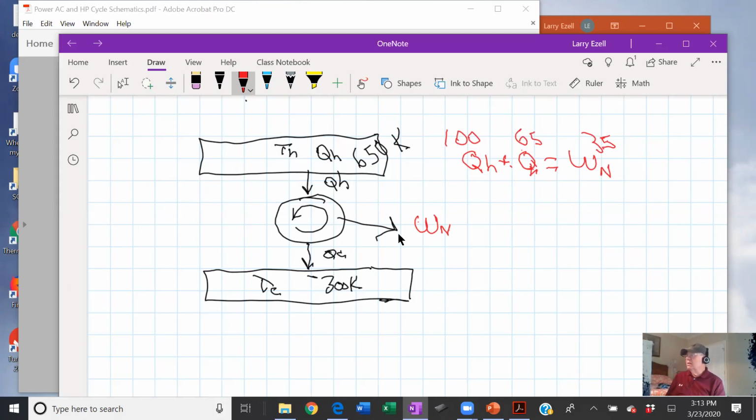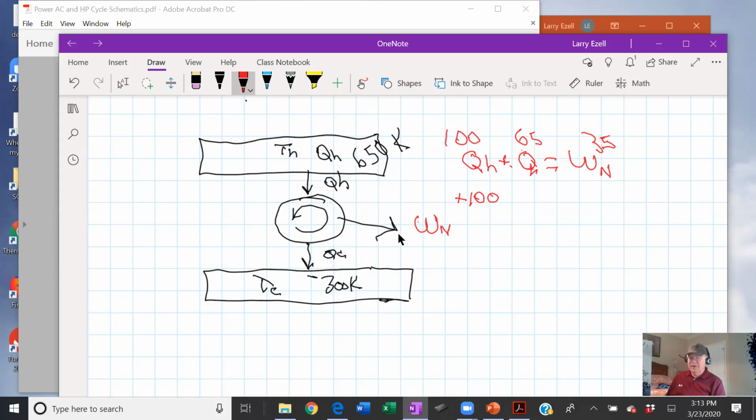Now let's look at QH. In our definition, QH coming in is a plus. Plus 100. QL going out is a negative when we're looking at our cycle as a system.